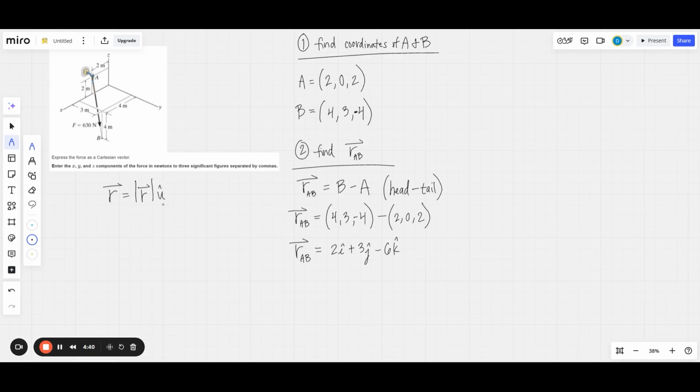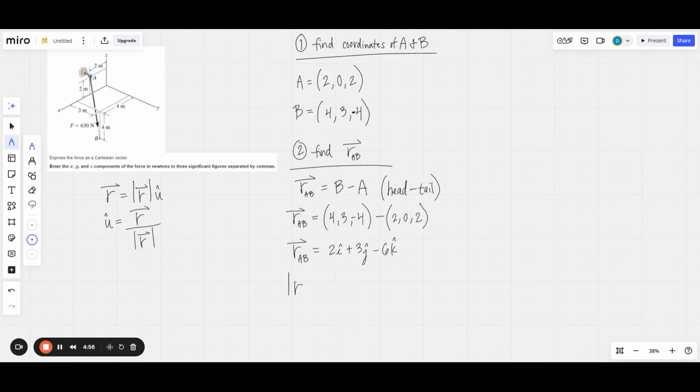So if we are trying to find U, we can divide the position vector by its magnitude, and that will give us U. So we need to find the magnitude of RAB, which is going to be the square root of all your components squared. Which ends up being the square root of 49, and that is 7.